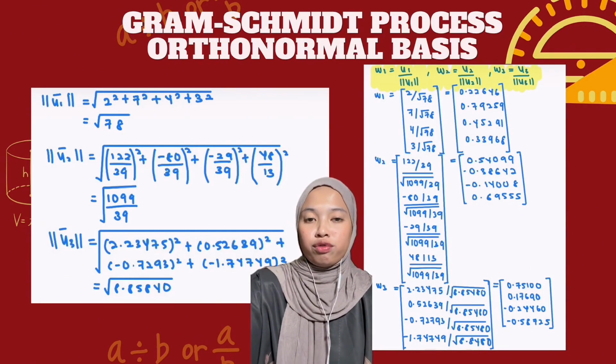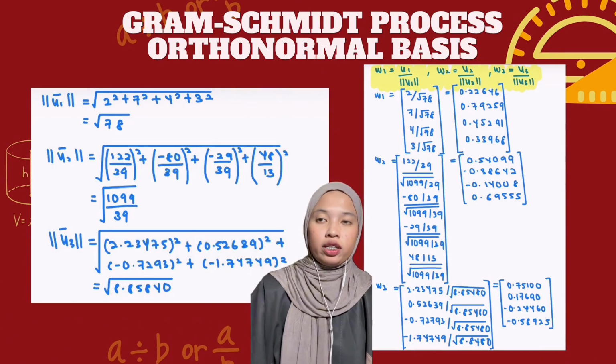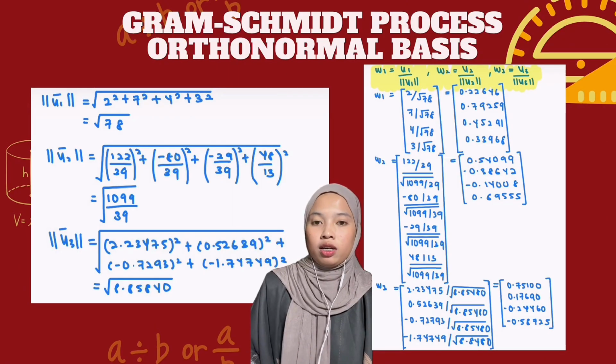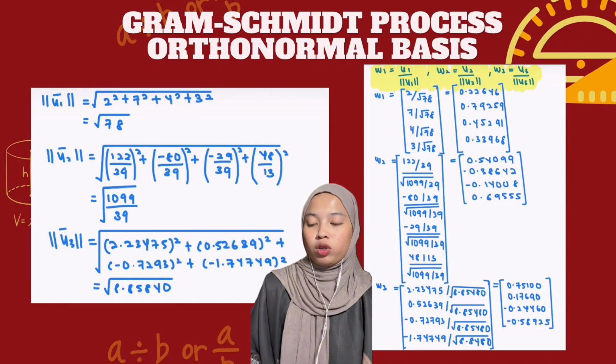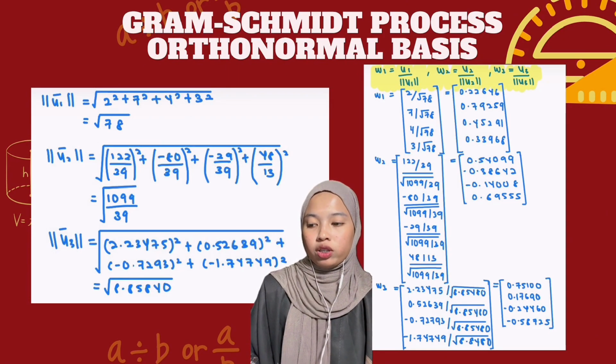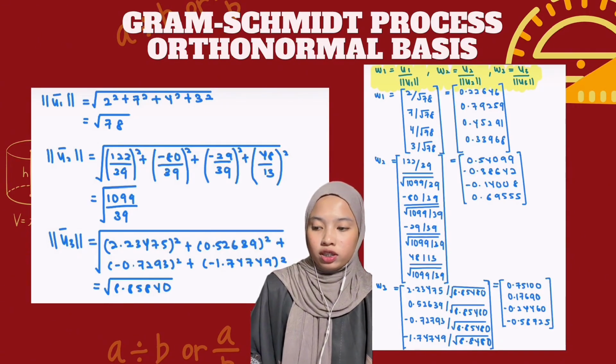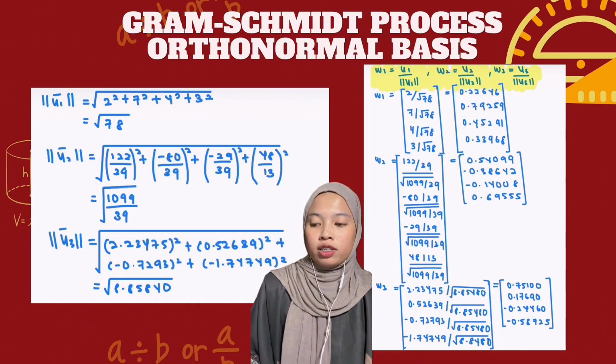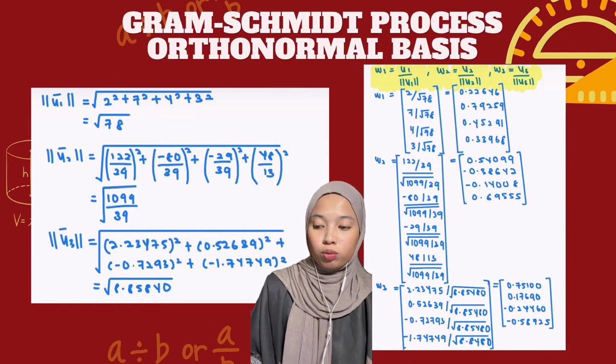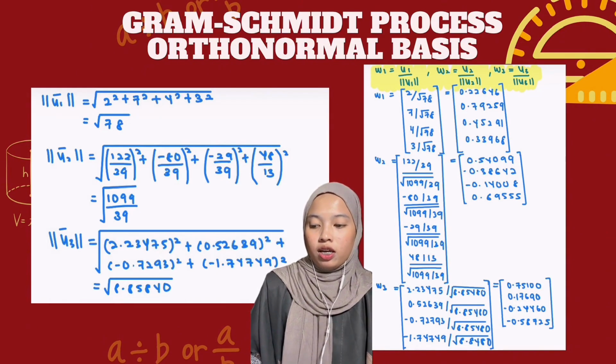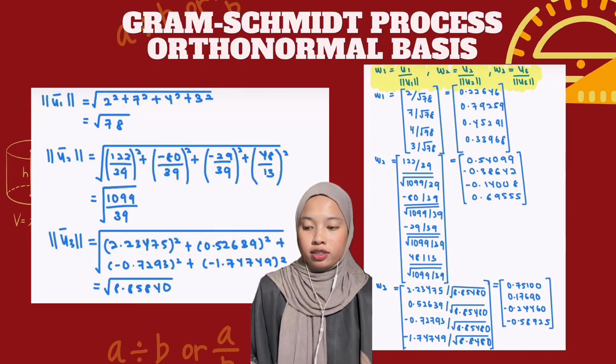Okay, which gives the answer for W1 equal to matrix of 0.22646, 0.79259, 0.45291, 0.33968.